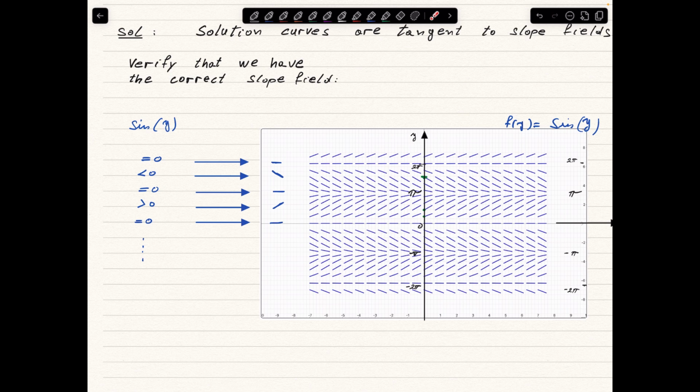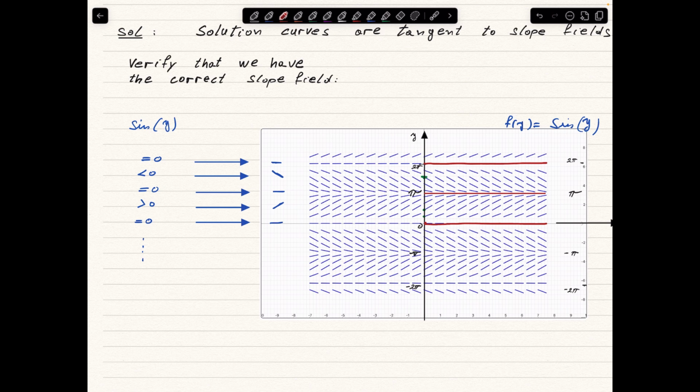Now we can plot the solutions if we want to. Now that we have the slope field in blue, let's do the solutions in red. For example, the solution for 2 pi is going to be 0. The solution for t equals 0 is obviously 0. The solution for pi is also 0.